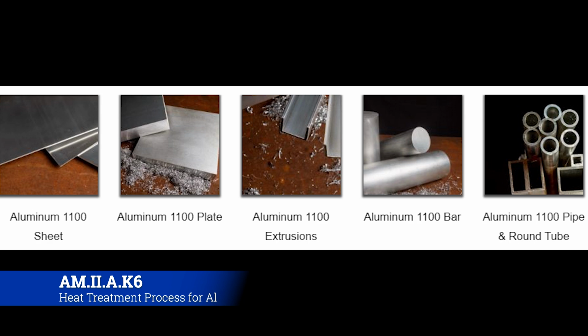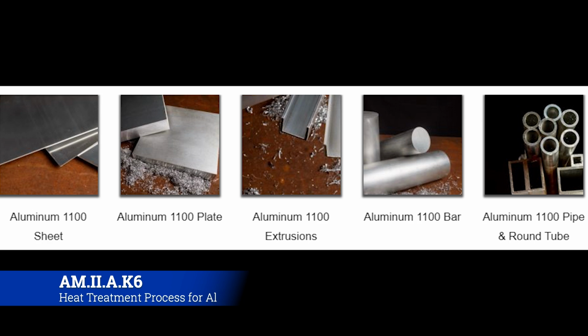I've never seen bar aluminum used on aircraft a lot, except in manufacturing. You might get bar aluminum that then gets machined down to a certain type of part or whatever. So if you get into the manufacturing world, you might be able to see bar aluminum.